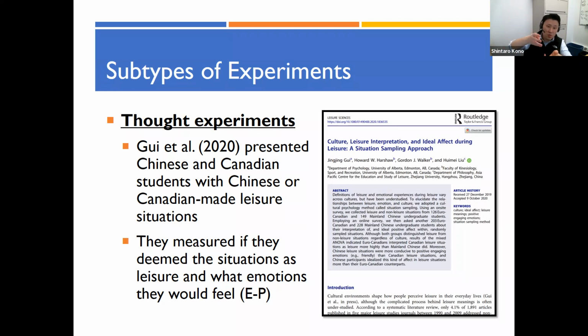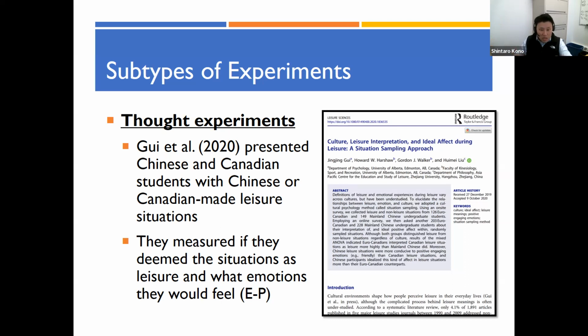Some Chinese students read Canadian-made leisure scenarios, and they were asked to think about whether they consider those situations as leisure or not, and what kind of emotion they would feel. The same thing happened with the Canadian students. Some of them went through Chinese-made, some of them went through Canadian-made leisure scenarios.